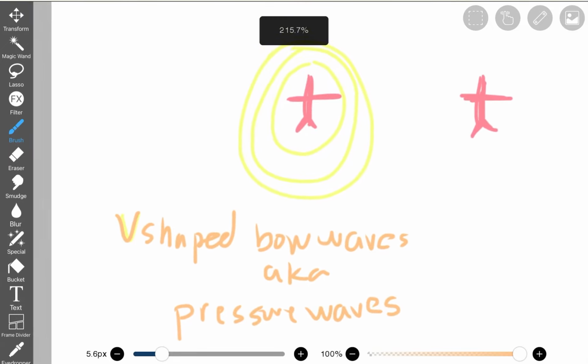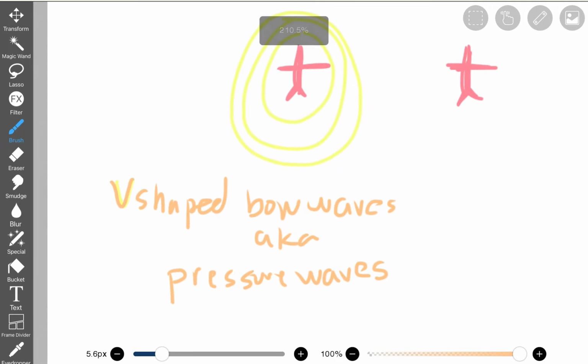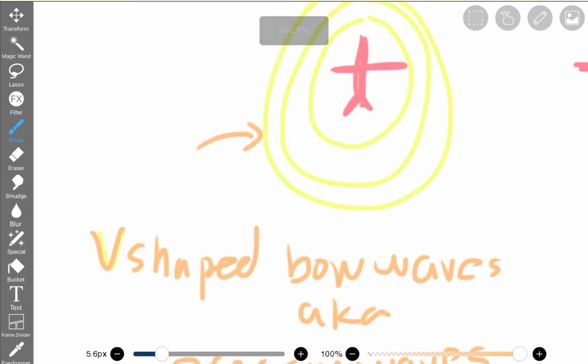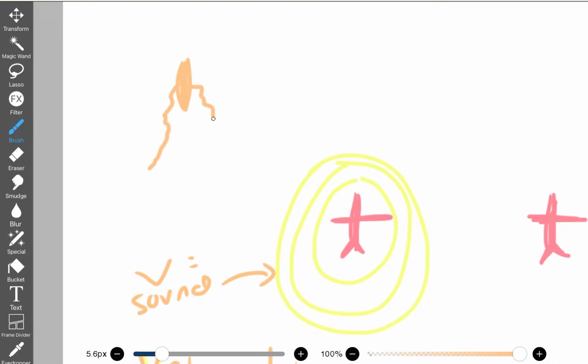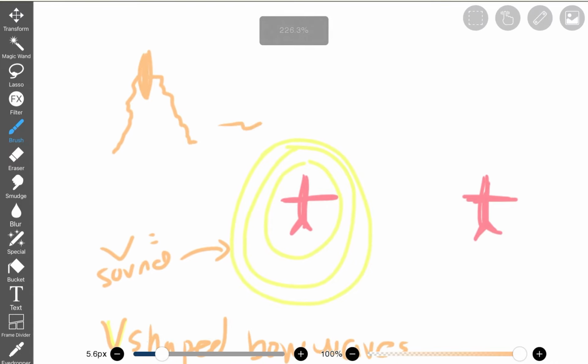And they travel outward at the speed of sound. So they are sound, okay? Let's write that down. This speed is the speed of sound, whatever it be. These are kind of like when you have a boat and you're in water and you end up having these V-shaped bow waves. So this is kind of like that.